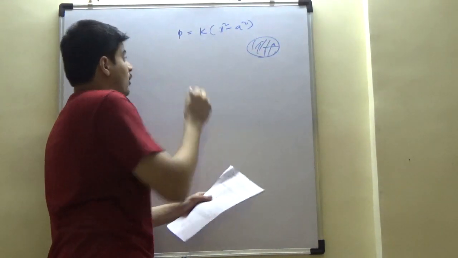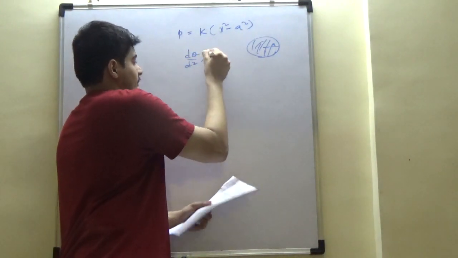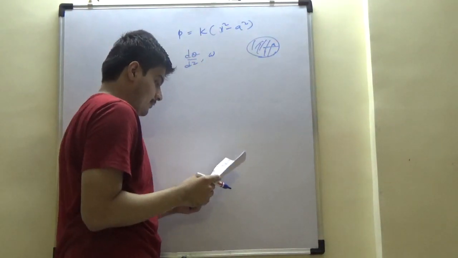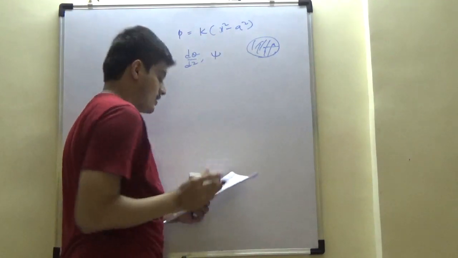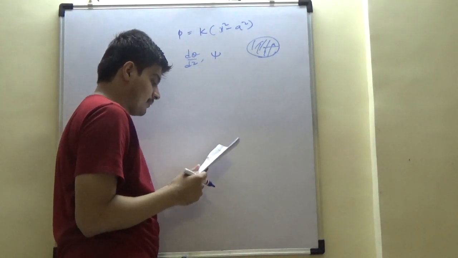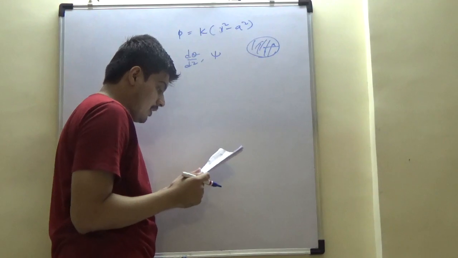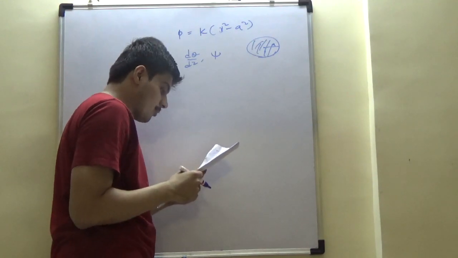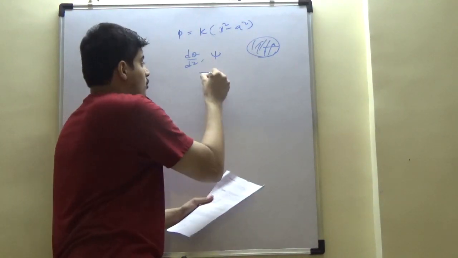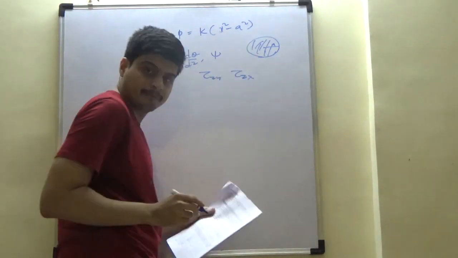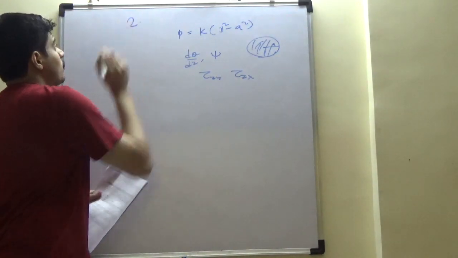We are asked to find dθ/dz, the warping function w or psi, which is our Saint-Venant's warping function, of course the rate of twist, and inertia of course we know, so we will not do it again, and tau zy and tau zx. Okay, so this is our problem number 2.